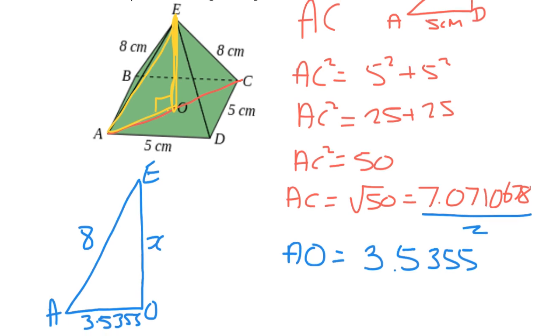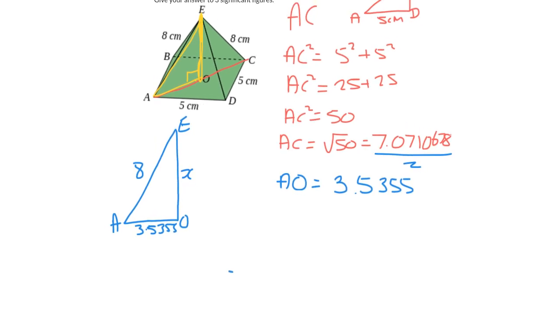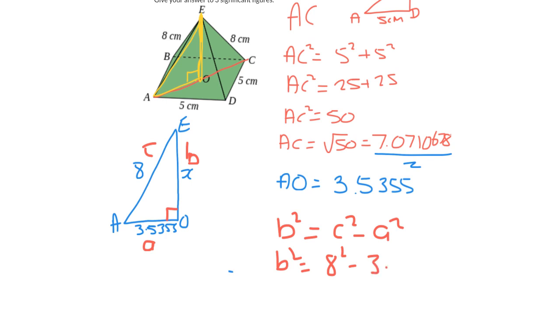However, because I'm looking for a shorter side now, I need to make sure that I take away. So I've got, this is C as it's the longest side, this is B, and this is A. Remember, I've got a right angle here, which is why I'm using Pythagoras. So I've got B squared equals C squared, take away A squared. So B squared equals, well, C squared is 8 squared, take away 3.5355 squared.